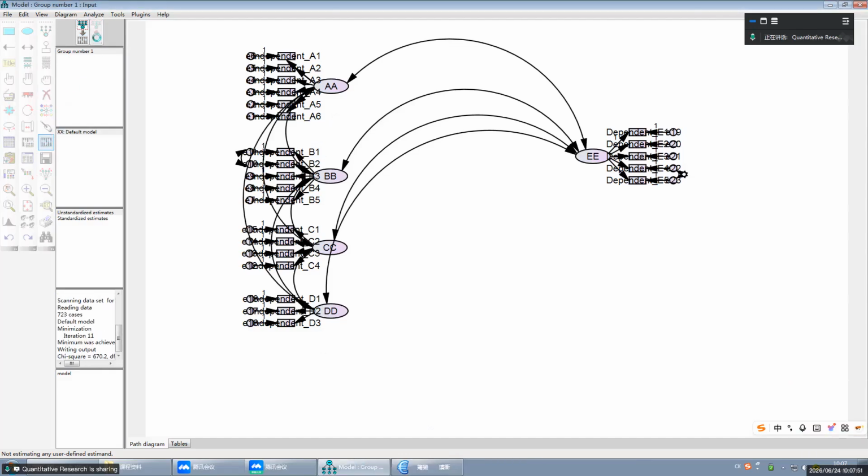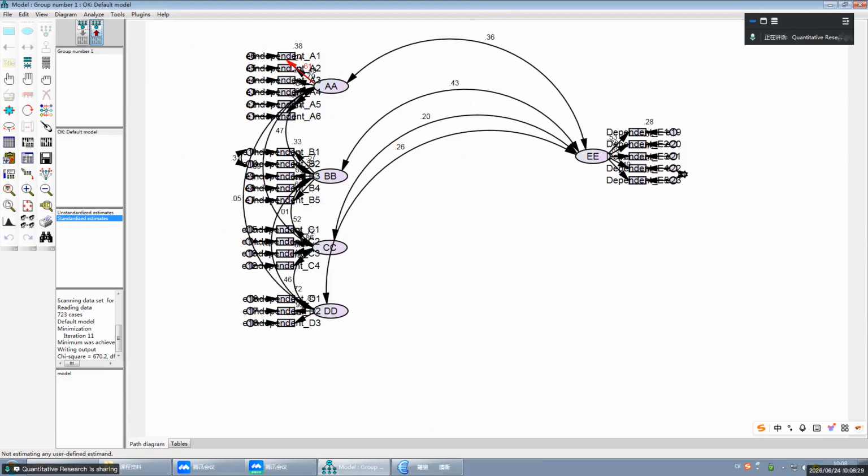Then you tick this one, and you can see the values in the model. But I told you all of these values are unstandardized estimates. We need standardized, right? So we take this one. This is standardized.